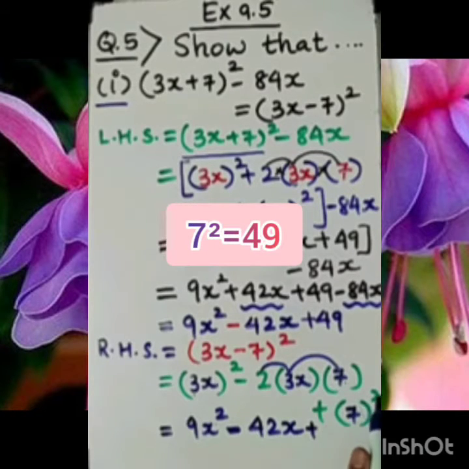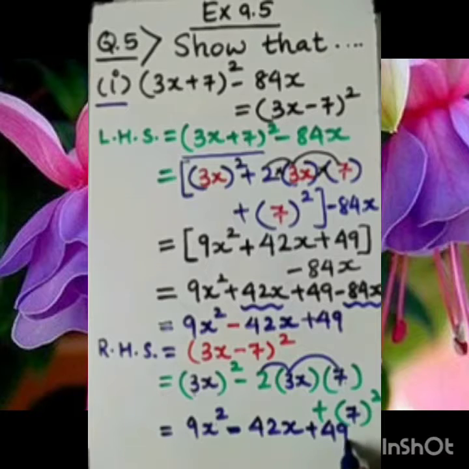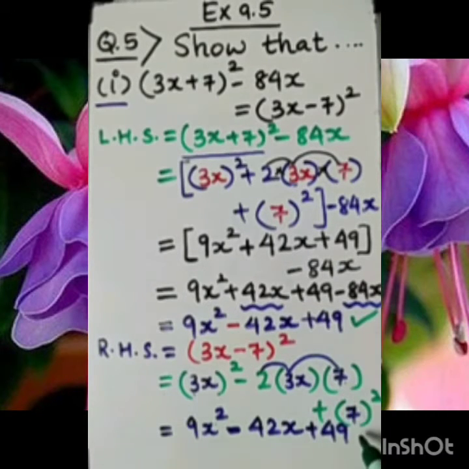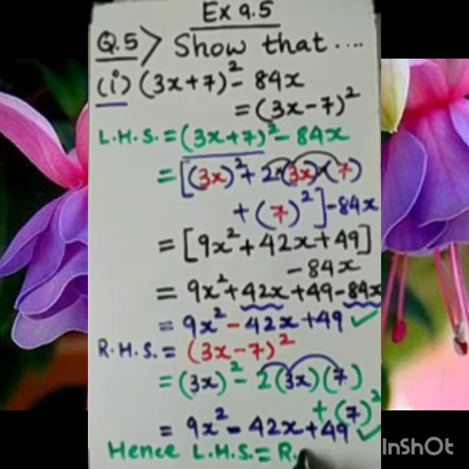Plus 7 square is 49. Now you compare. We can see here this is our LHS and here RHS. So here we can say, hence LHS equals RHS. Both are coming similar. So we need to write it is proved. In bracket we need to mention here, proved.